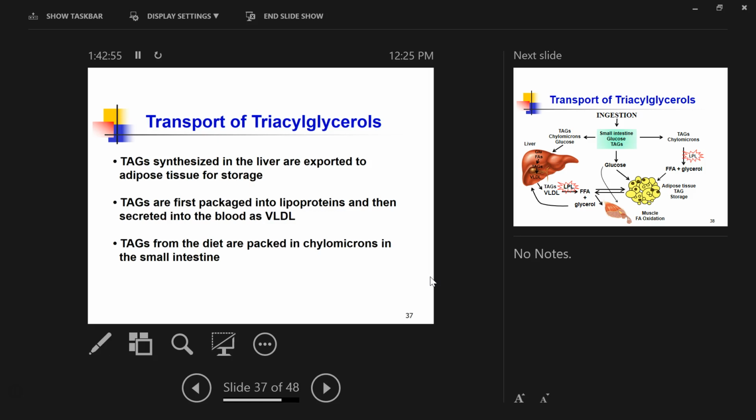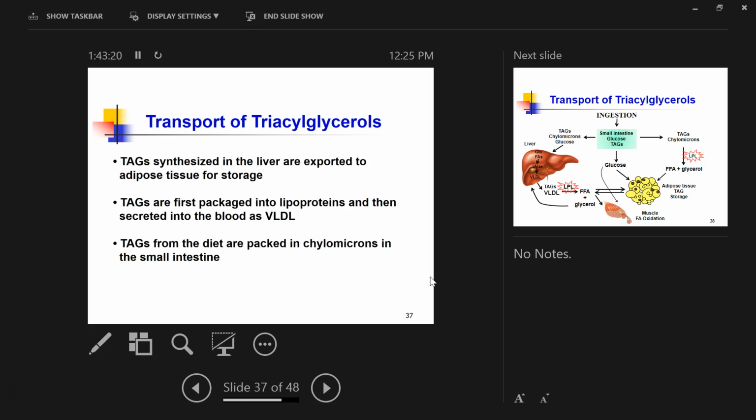And transport. Once you synthesize triglyceride, I'm talking about here the triglyceride synthesized in the liver, not in adipose tissue, then triglyceride needs to be transported to the final destination, because triglyceride is usually stored in the adipose tissue.